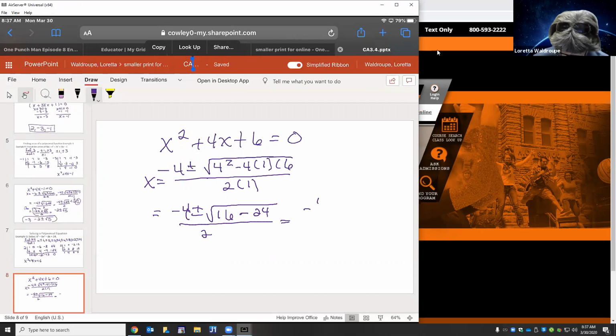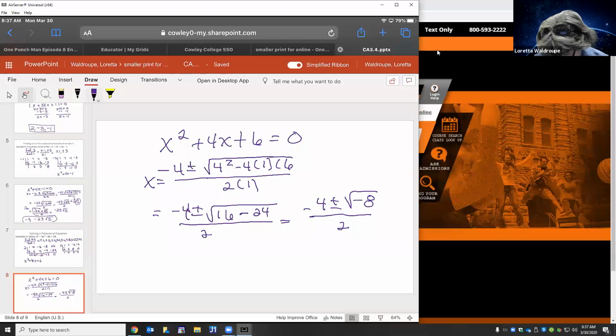So 16 minus 24 is a negative 8, but we can break 8 down. So we got a pair of 2's that'll come out.